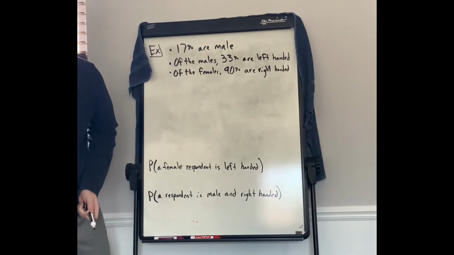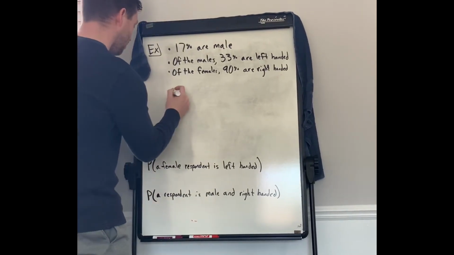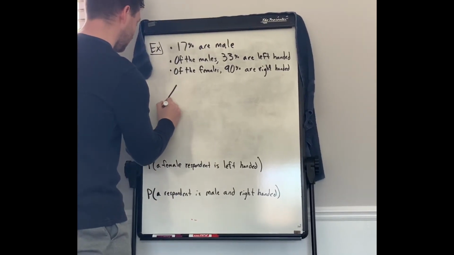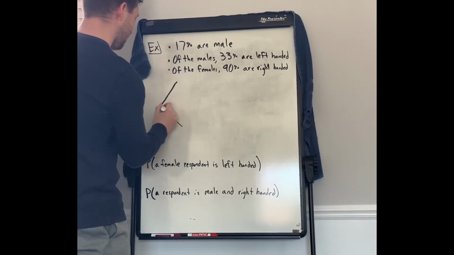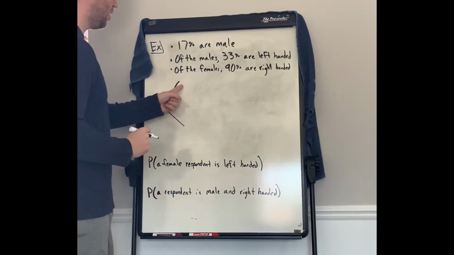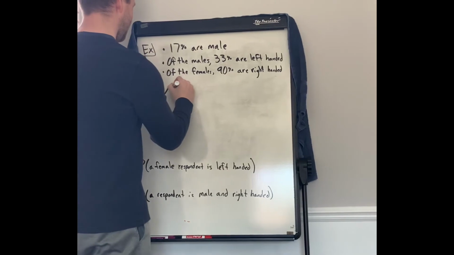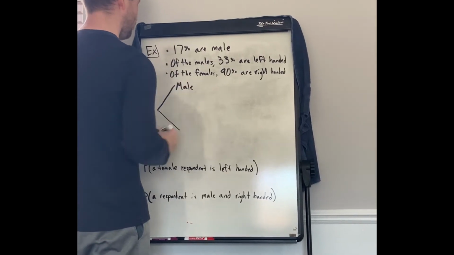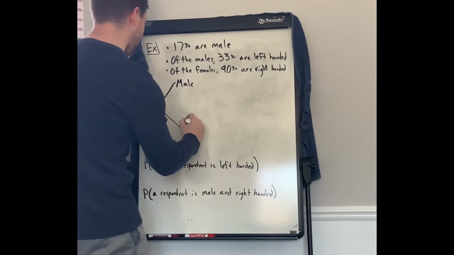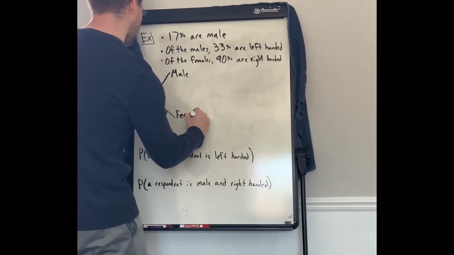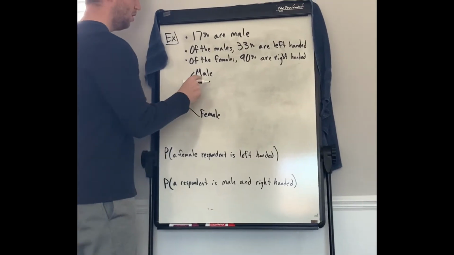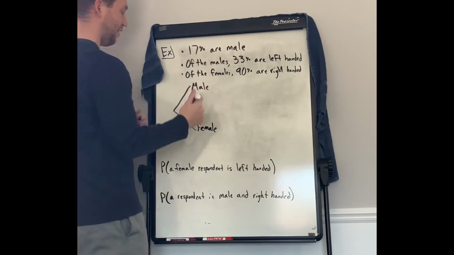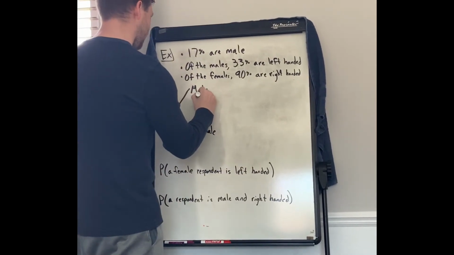So when we make a tree diagram, it looks kind of like this. Now we need some categories. Based on our information, we know that of this survey, you can either be a male or a female. How many are males? It says 17% are males, so 17%.